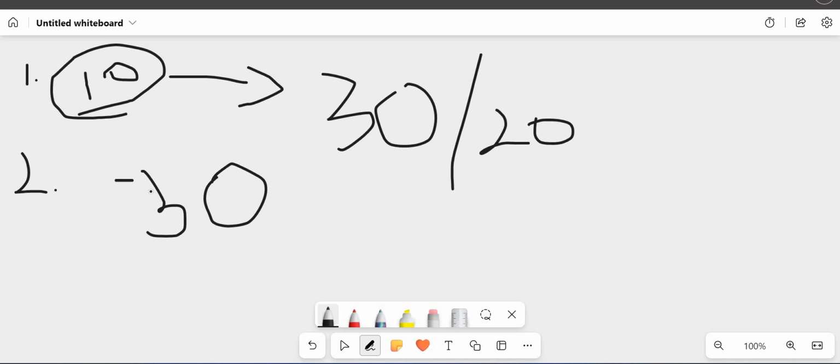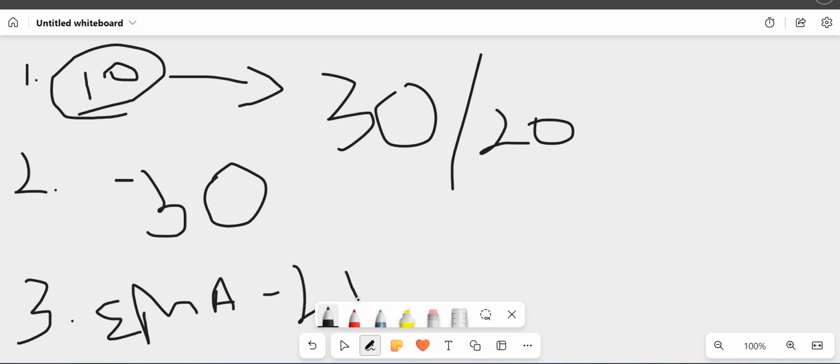Then we are also going to be using the exponential moving average with a period of 21. So these are the parameters we are going to be using, so keep this in mind.